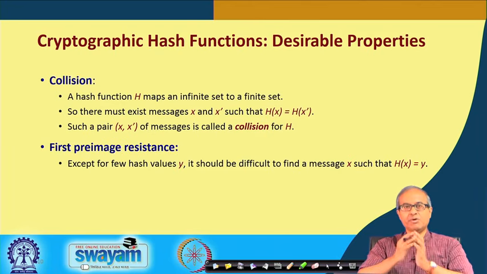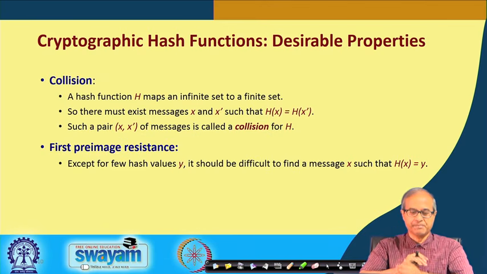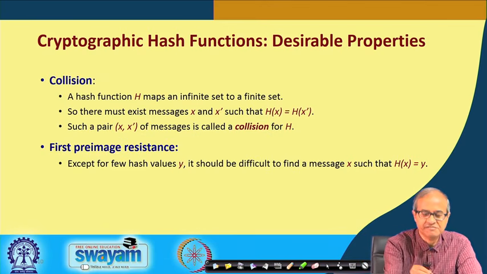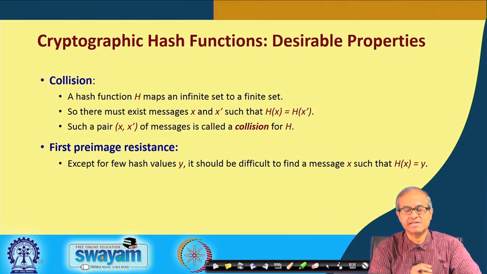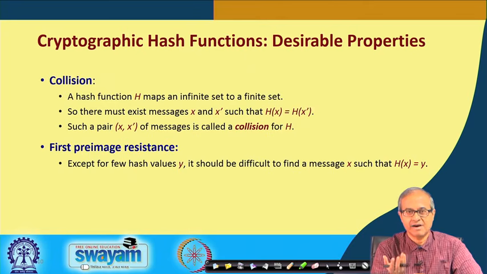Now, talking about cryptographic hash function, as I said, they should have some desirable properties. Let us very quickly look at what these desirable properties are. Any hash function, because it maps a larger set to a smaller set, will have something called a collision.